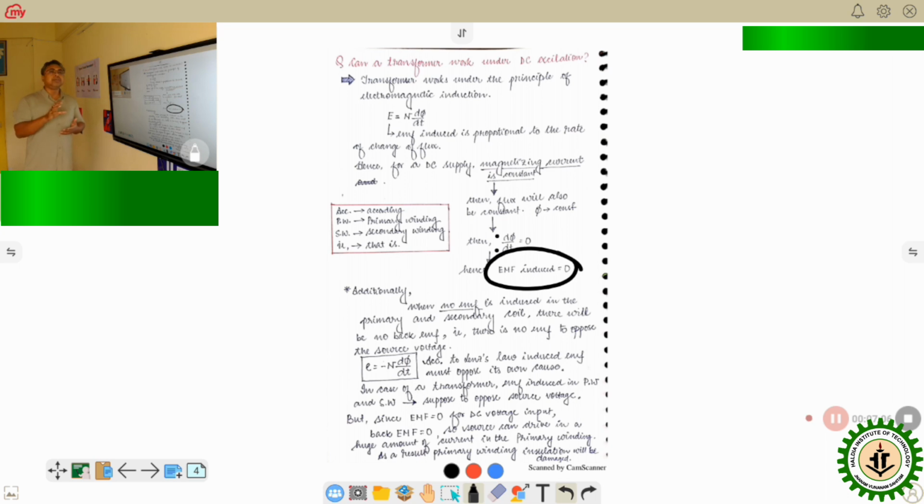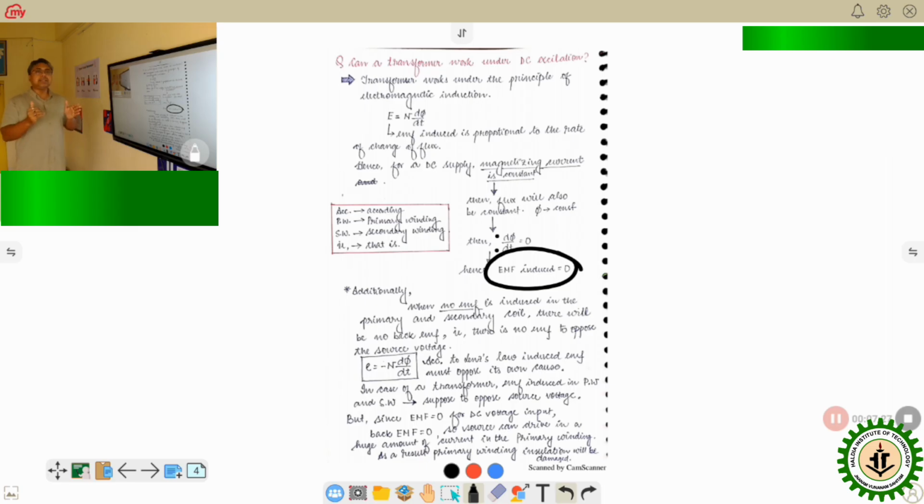Then due to the transformer action, EMF gets induced. So apart from the supply voltage, another two voltages come into the picture, which are induced, meaning the voltage gets generated afterwards, once the supply voltage is given.